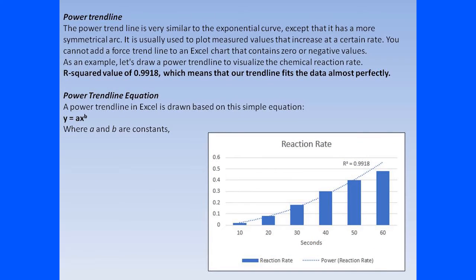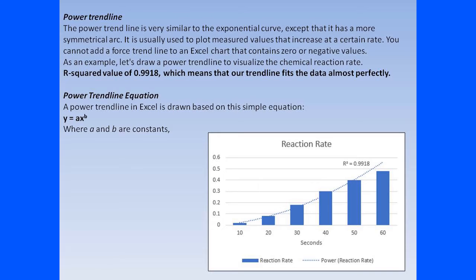The power trend line is very similar to the exponential curve, except that it has a more symmetrical arc. It is usually used to plot measured values that increase at a certain rate. You cannot add a power trend line to an Excel chart that contains zero or negative values. Okay.